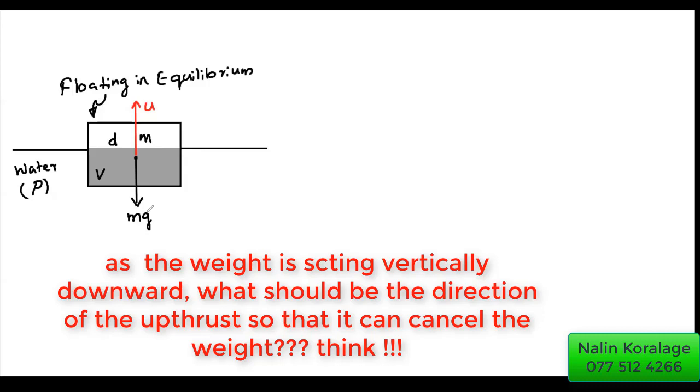Towards the center, vertically downwards. Away from the center, vertically upwards. So if we project a particle into space with a vertical velocity away from the Earth's center, we say the object is projected vertically upwards.